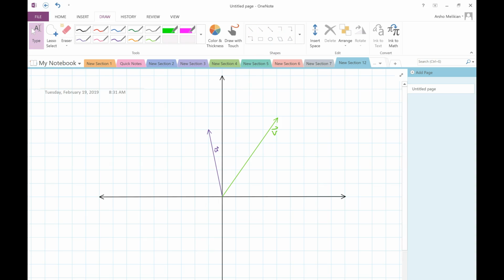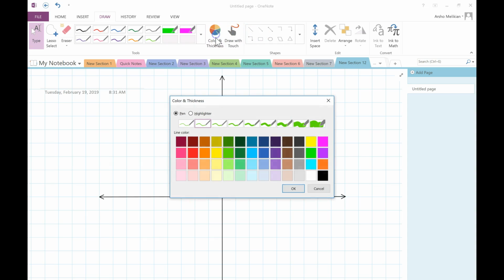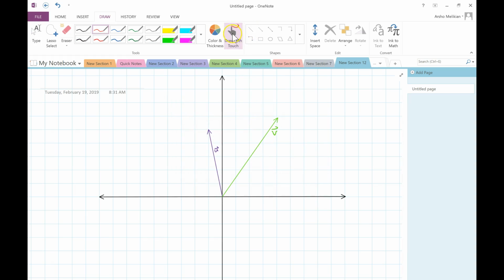Okay, what is the projection conceptually? If I were to shine a light on this, it would lie along this, and it would have the length of that shadow. So let's see what 2 comma 3 looks like. What color should we make that one? Okay, red it is. We're going to do 2 comma 3. Look at this.